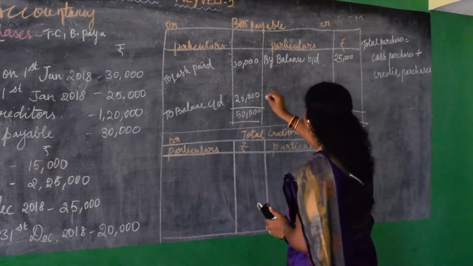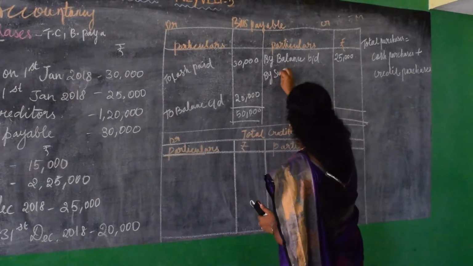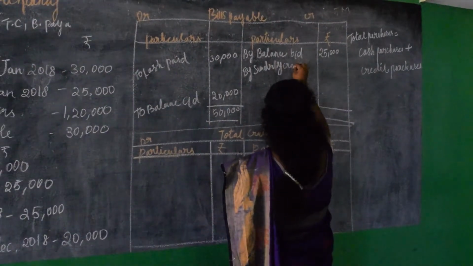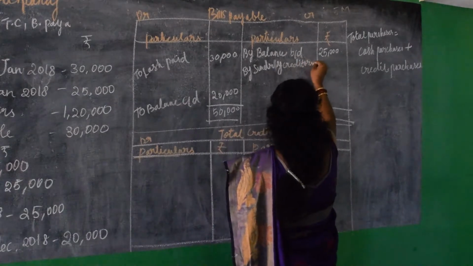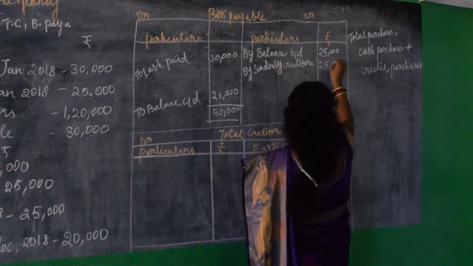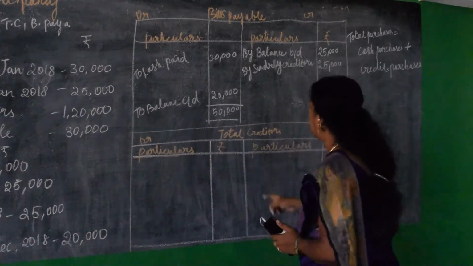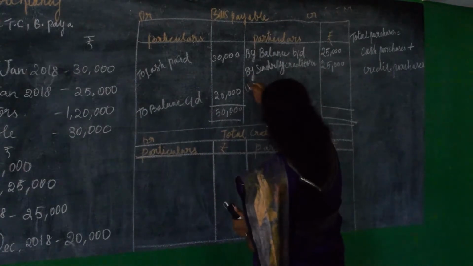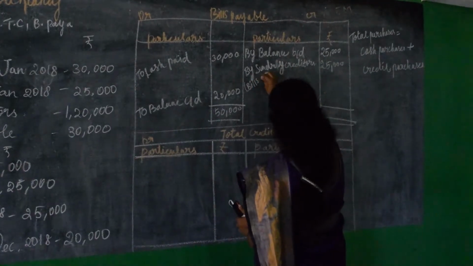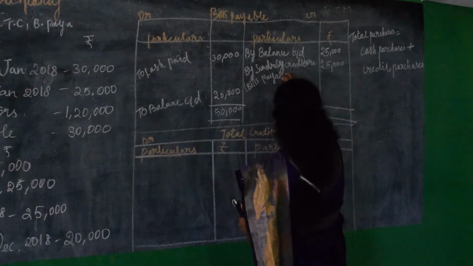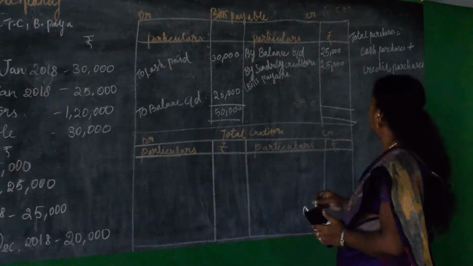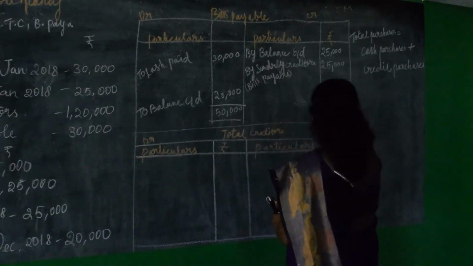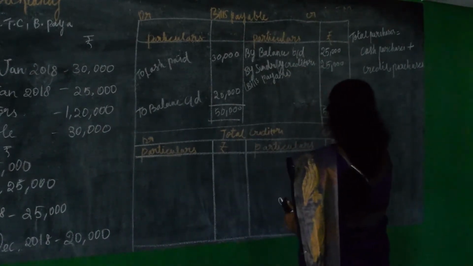This 25,000 is bills payable by sundry creditors. How do we arrive at this 25,000? This 50,000 minus 25,000 gets 25,000. In the bracket write bills payable. Bills payable is 20,000, 25,000. Total both the sides, you will get 50,000.